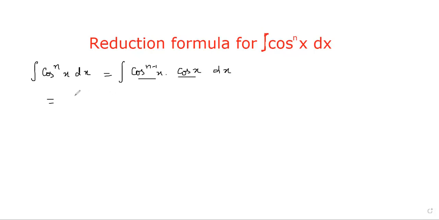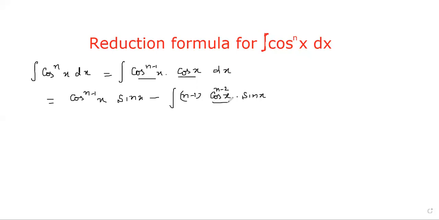So it will become cos power n minus 1 x, and integration of cos x will give sin x, minus differentiation of this term, which will give n minus 1 times cos x power n minus 2, into integration of cos x, which will give sin x.